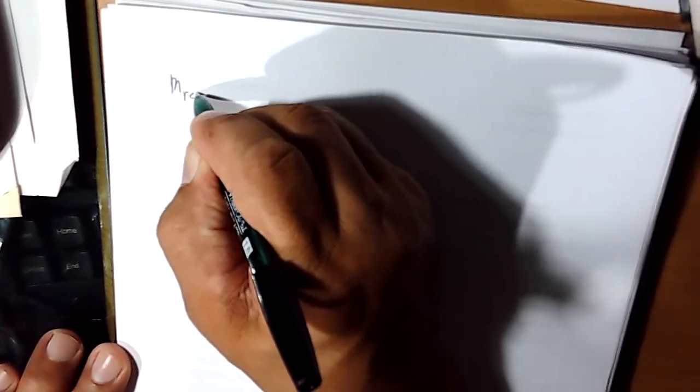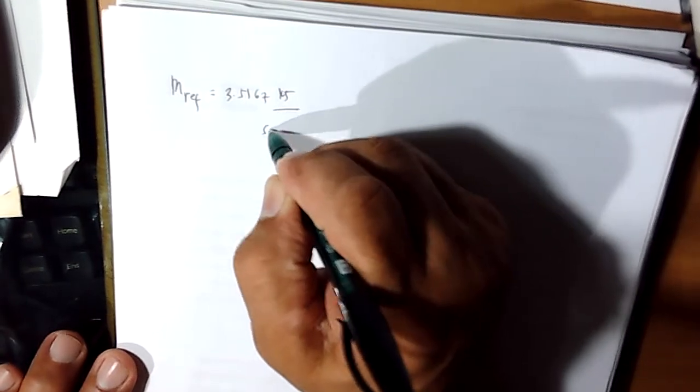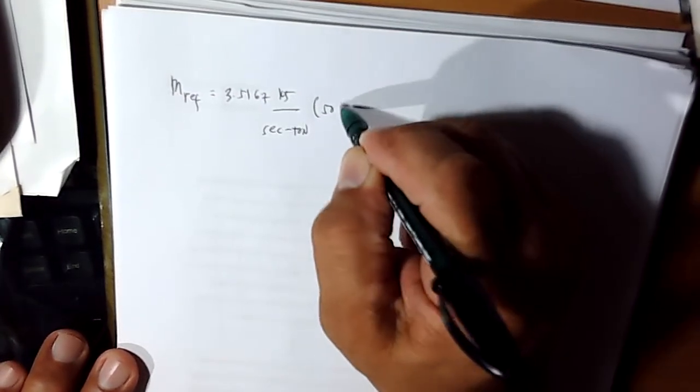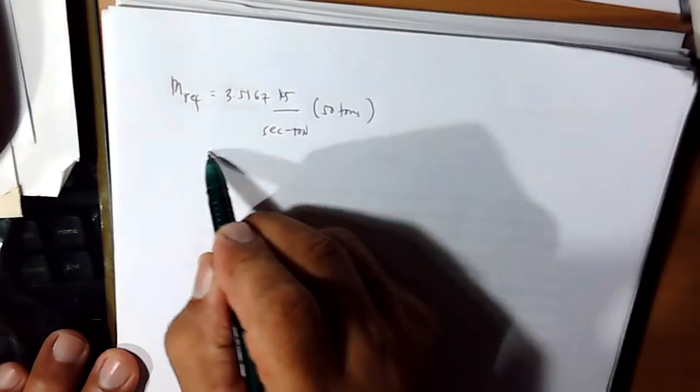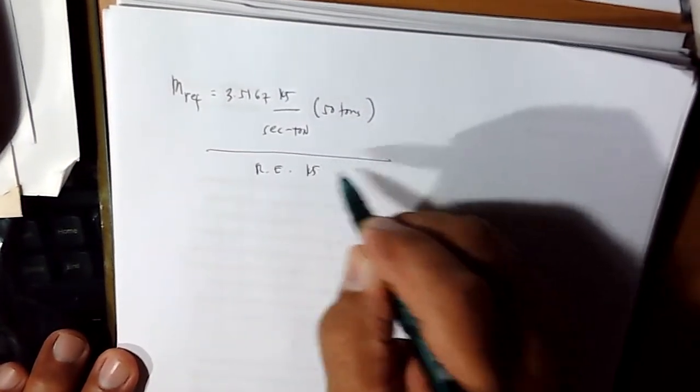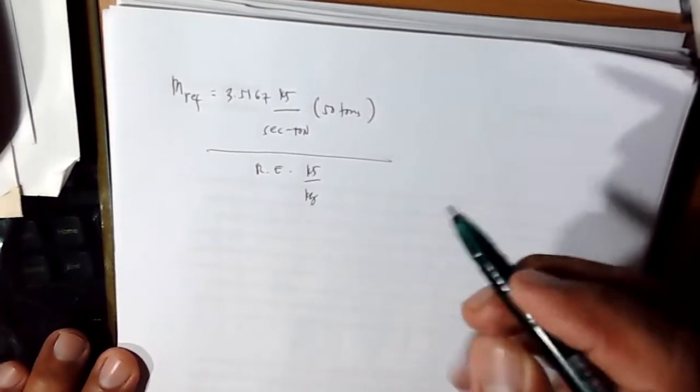To determine the mass of refrigerant, m_ref is equal to 3.5167 kilojoules per second-ton, we have 50 tons, over RE in kilojoules per kilogram.